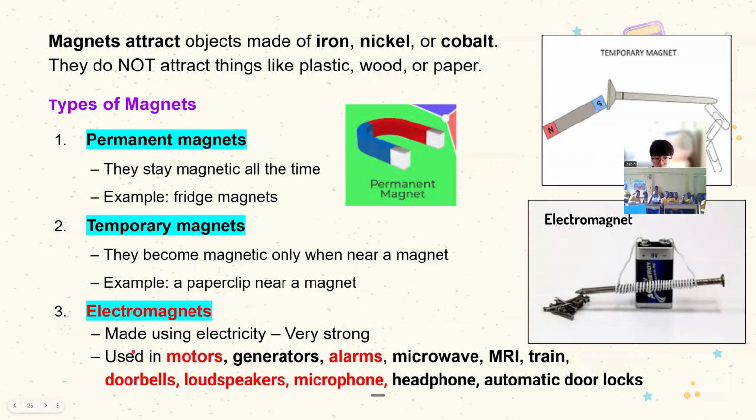And it is used in motors, generators, alarms, microwaves, MRI scans, etc. Things like loudspeakers, doorbells, microphones, all of these use electricity to produce magnetism, and this is how everything inside works. So they all use electricity and magnets.